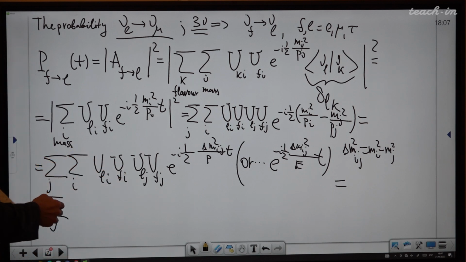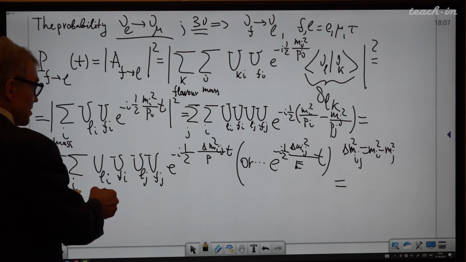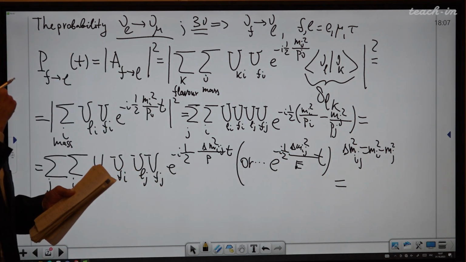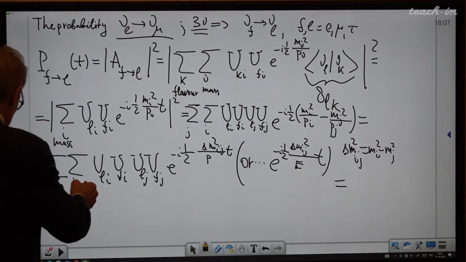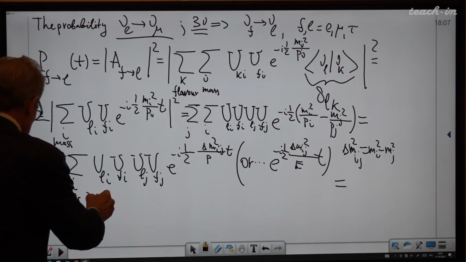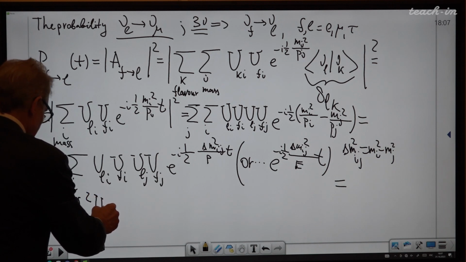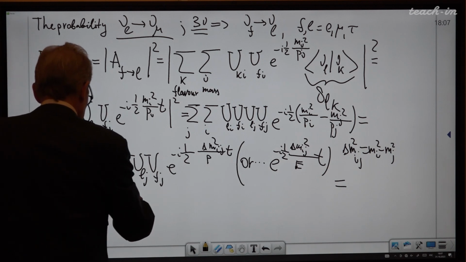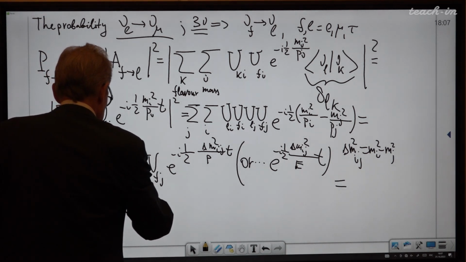When I equals J, the phase will be 0, the exponent will give 1, and we shall have U Li squared U Fi squared, because J is equal to I.